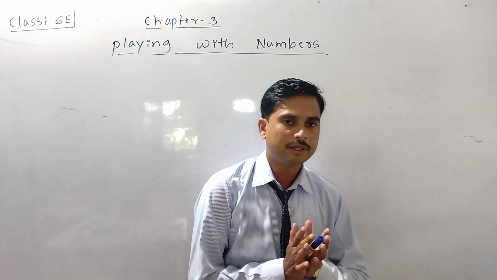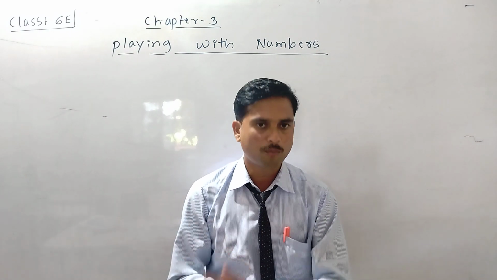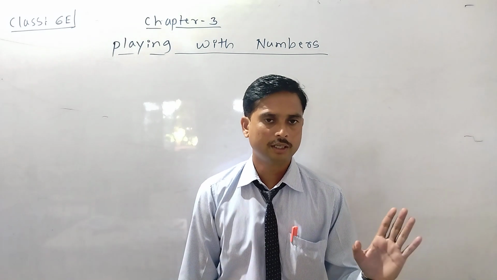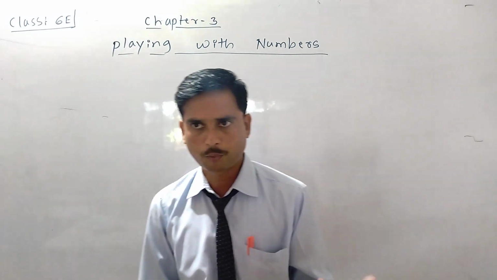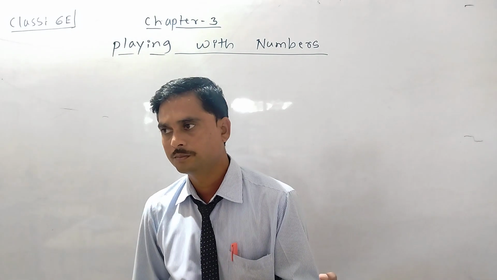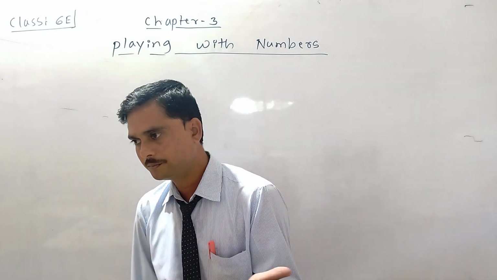Tell me, Shanta, the properties of whole numbers. First is the closure property, then the commutative property, then the associative property.